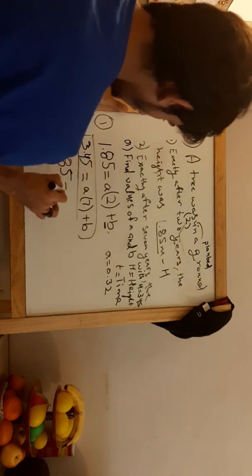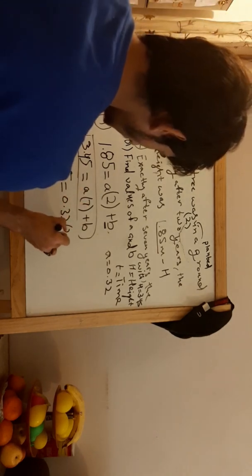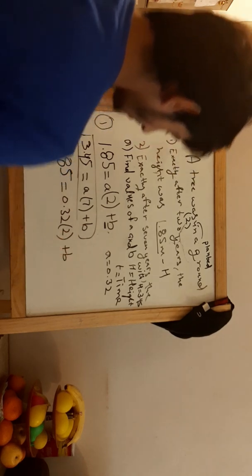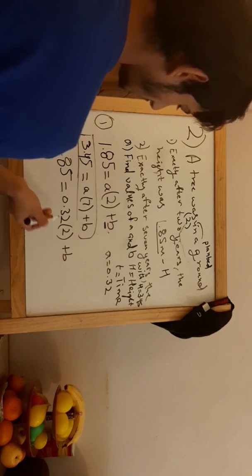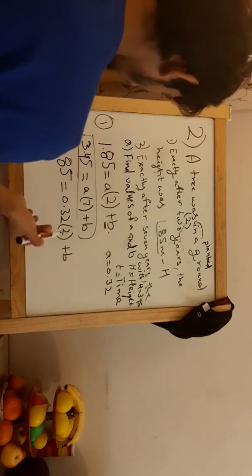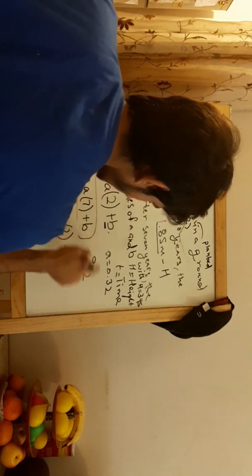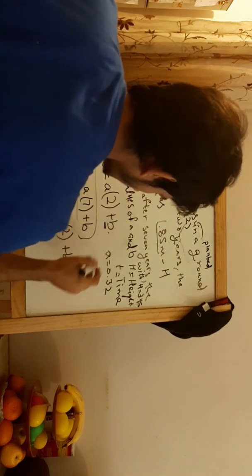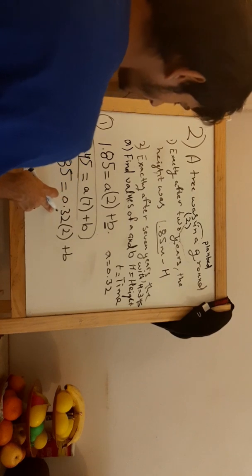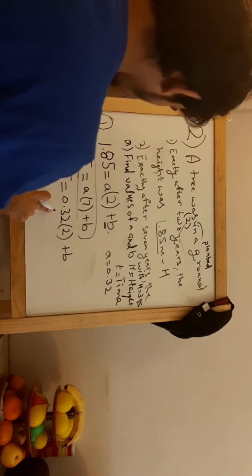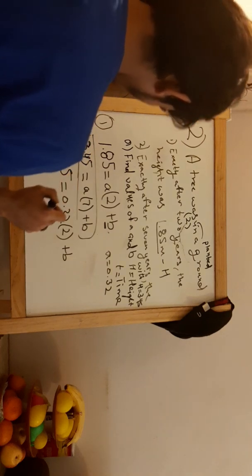1.85 equals A, which is 0.32, times 2 plus B. So here 0.32 times 2 will give us 0.64, yes, sure.